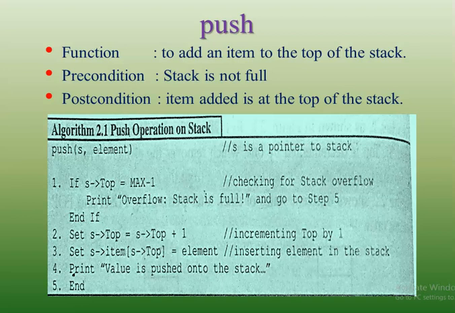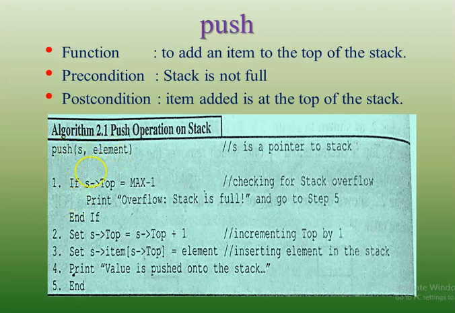One is the array called item and the other is top, for representing the index value of the top location of the stack. So along with these members we will be using the stack pointer s. So we are passing the stack pointer and the new element to be added to the push algorithm.